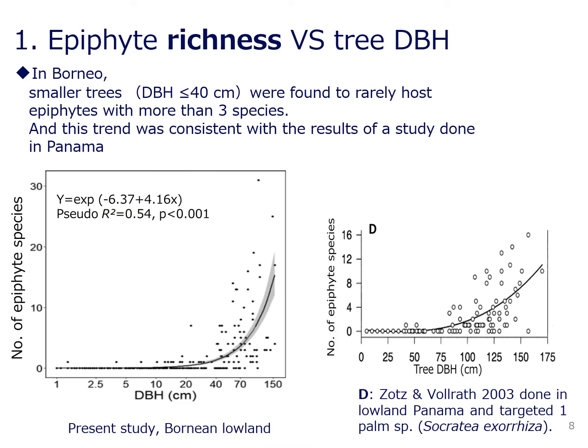Further, in Borneo, smaller trees with DBH 40 cm or less rarely hosted epiphytes with more than 3 species, and this trend was consistent with the results of a study done in lowland Panama.